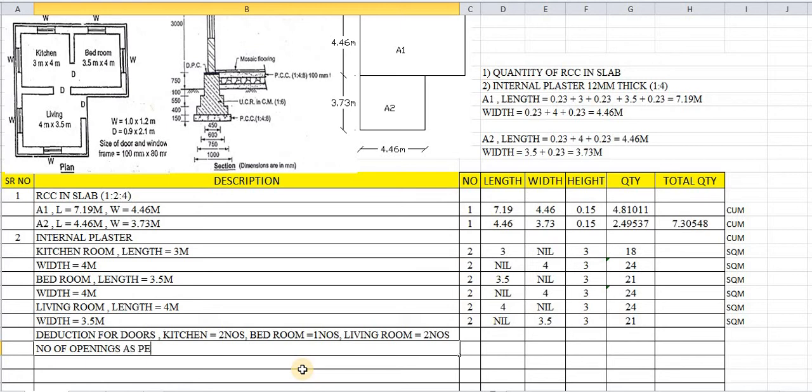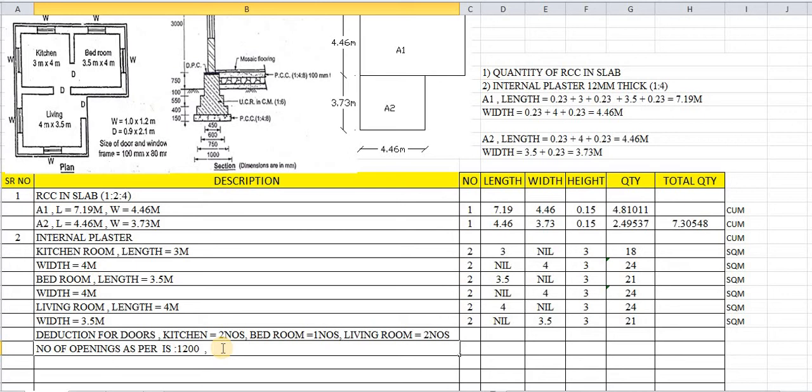as per IS 1200. There is no need to write this down, I am just explaining it. As per IS 1200, the number of deductions is 50% to be considered.